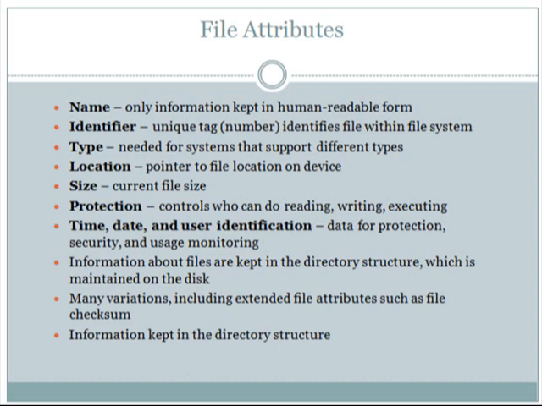Now information about the files is kept in a directory structure which is maintained on a disk. Many variations can be present, including extended file attributes such as file checksum, which determines whether the file is in the original form or it has got corrupted.